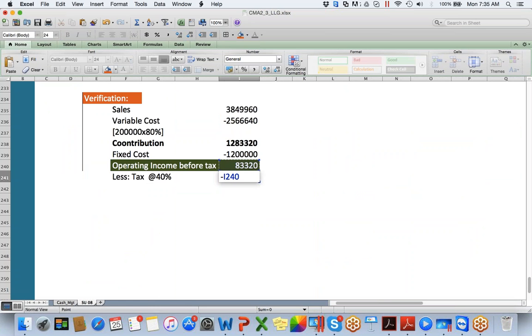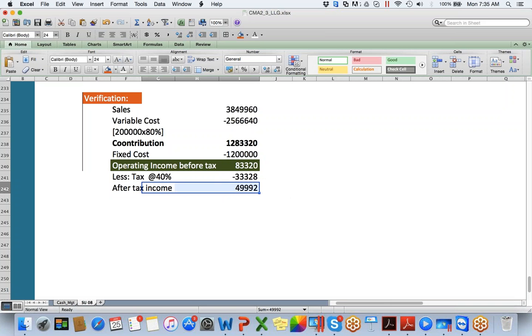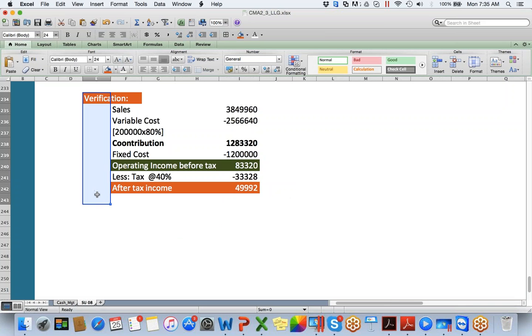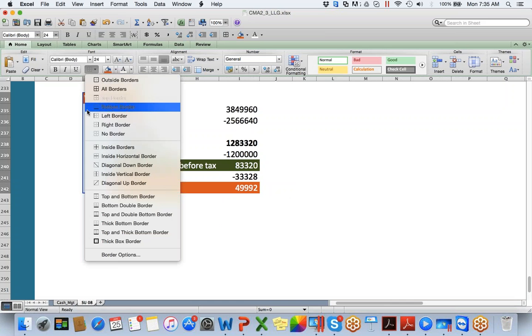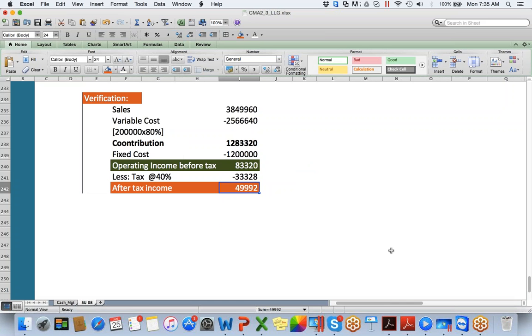So it is going to be this into 0.4, 33,328. So after tax income is profit before tax minus tax. You got that $8 difference, you can ignore it, but you got your money back after tax income of 50,000.